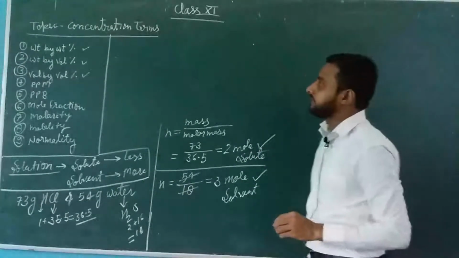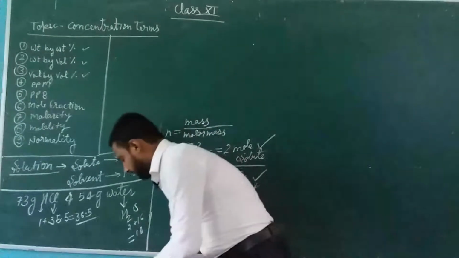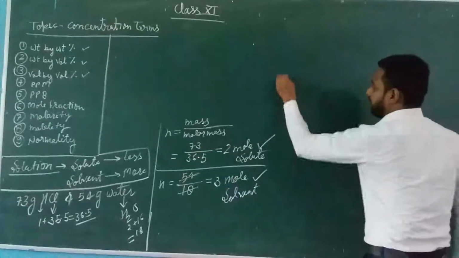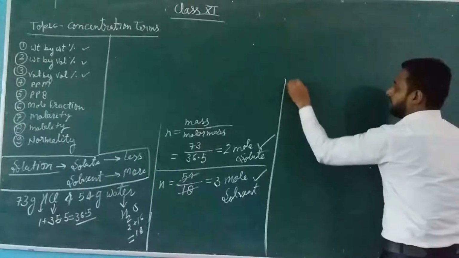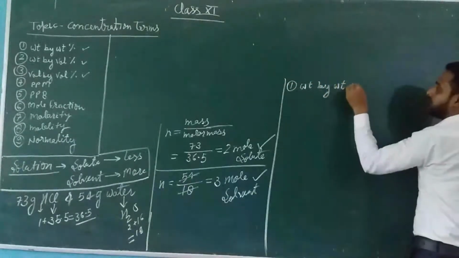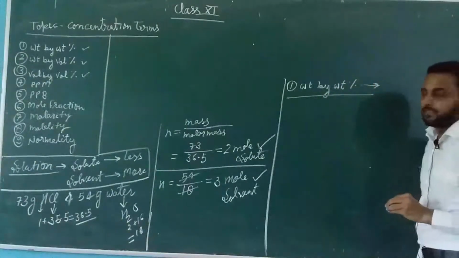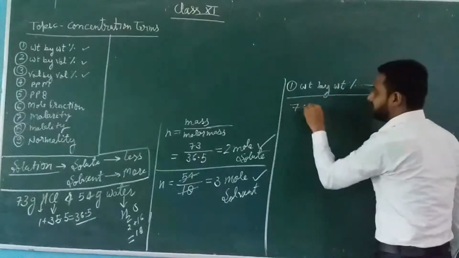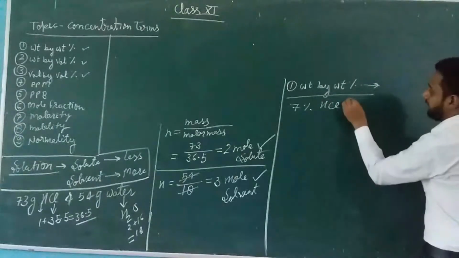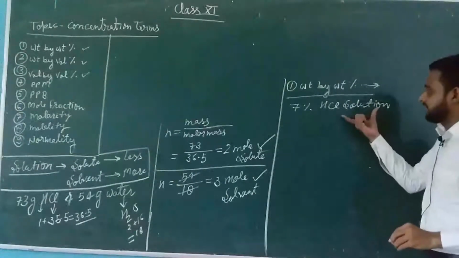Now we are moving towards concentration terms, weight by weight percent. Firstly, we should know what is the meaning of weight by weight percent. If it is given 7% HCl solution, what is the meaning of this 7% HCl solution?